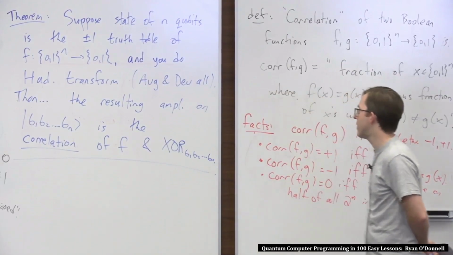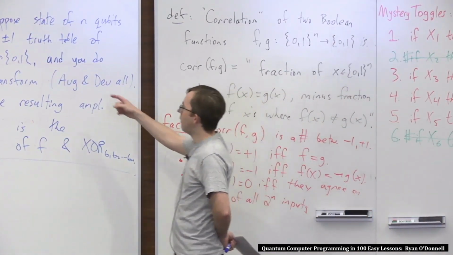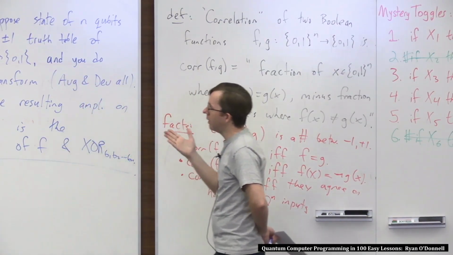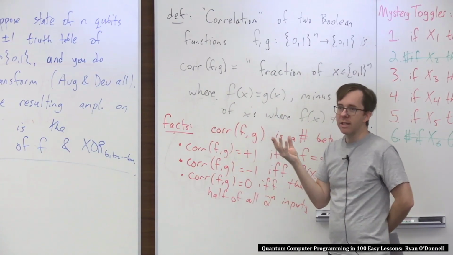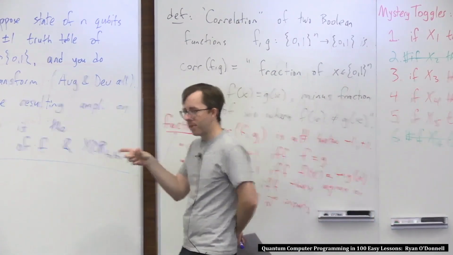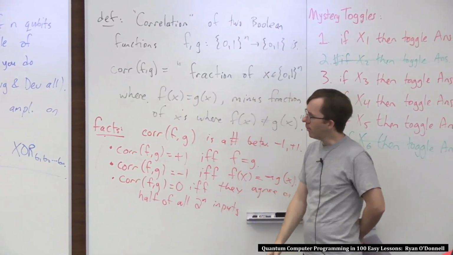The question was, it's quite clear that if f is itself some XOR function with a certain bit mask b1 through bn, that function's correlation with itself is 1. Like the correlation with XOR sub the same bit mask is 1. I mean, that's this fact.